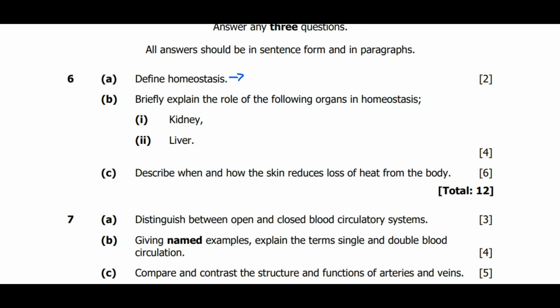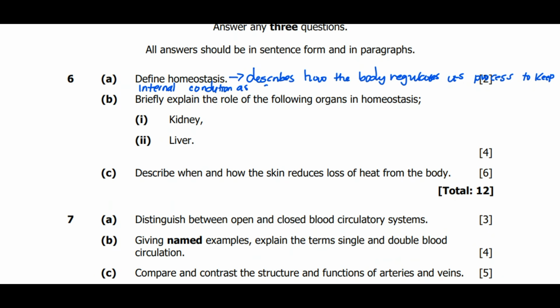How can we describe it? Homeostasis describes how the body regulates its processes to keep the internal conditions as stable as possible.